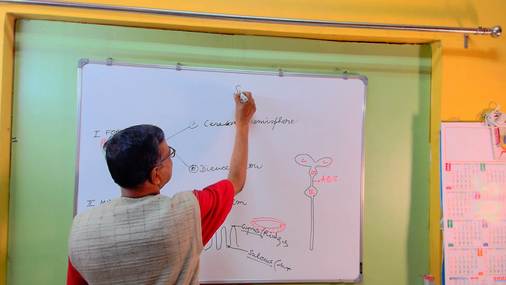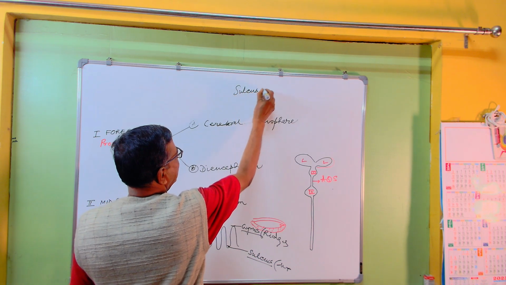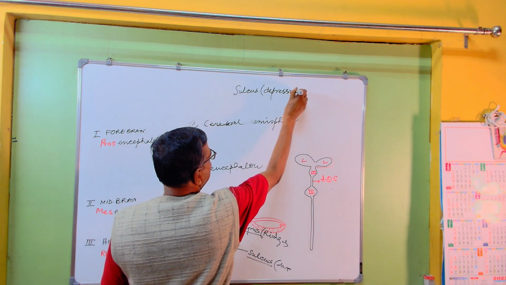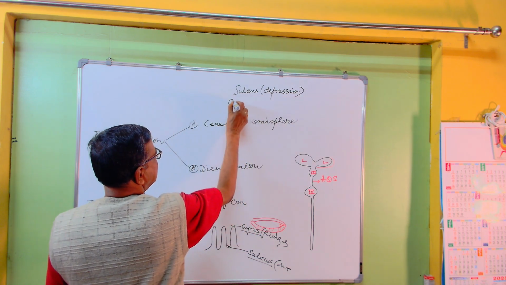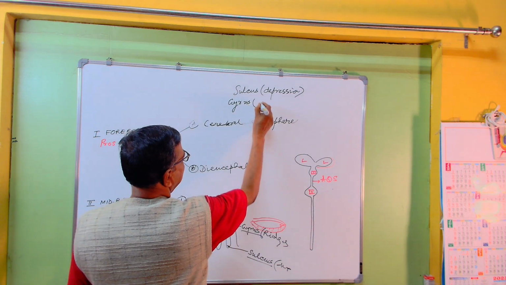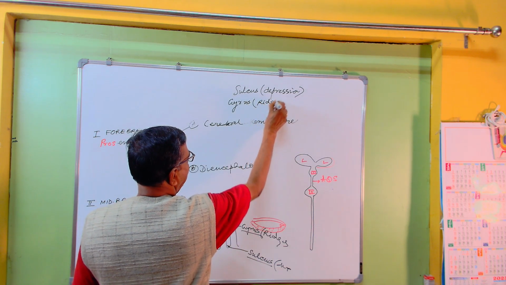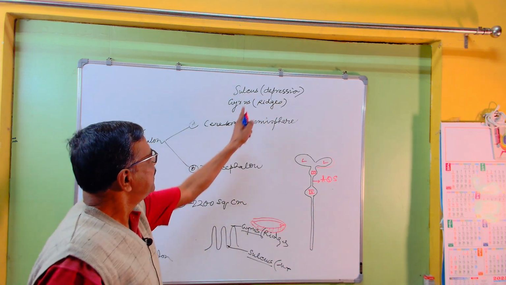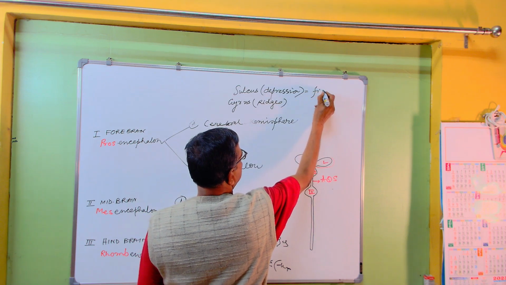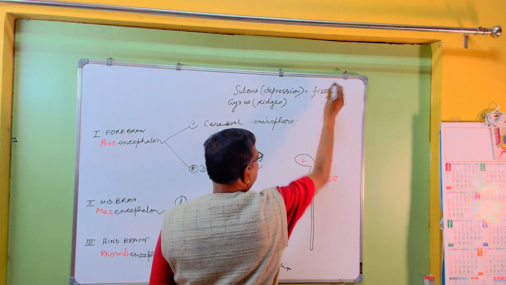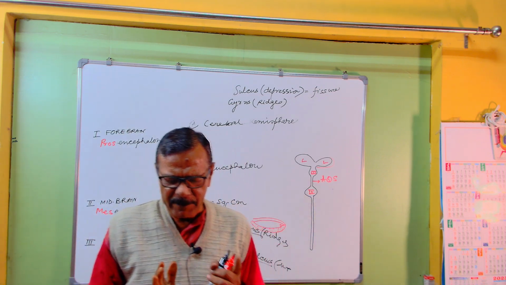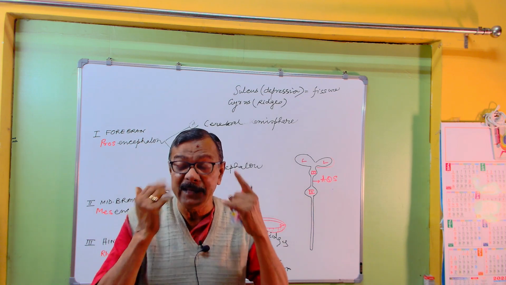Sulcus is the depression, and gyrus is the ridges. Clear? This sulcus is also known as fissure.